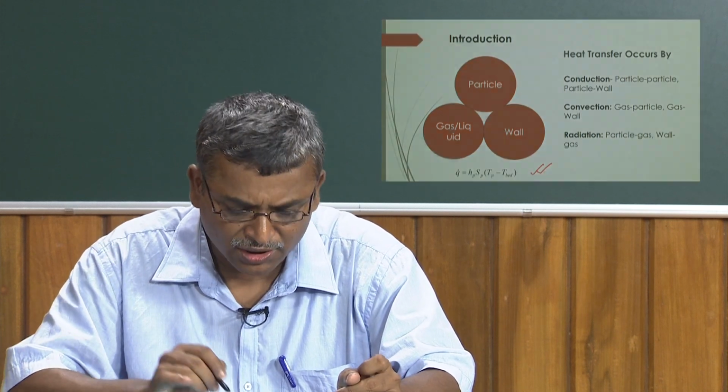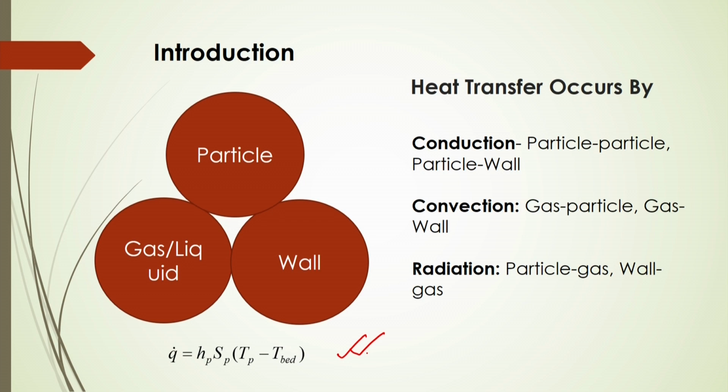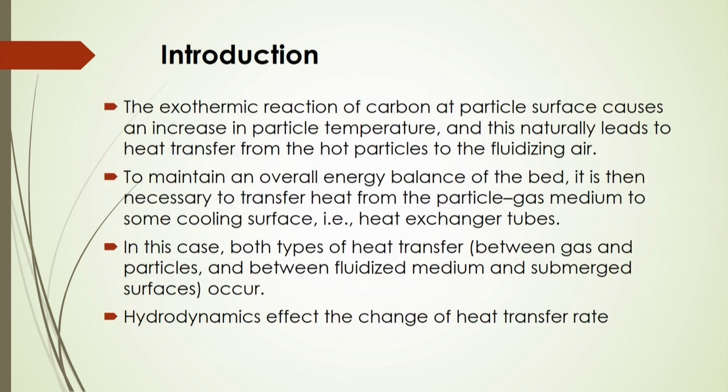By this basic equation, you can calculate the rate of heat transfer. But this is the convective heat transfer, and radiative heat transfer will also be there, which will be considered later on.